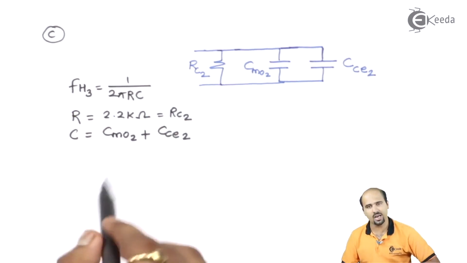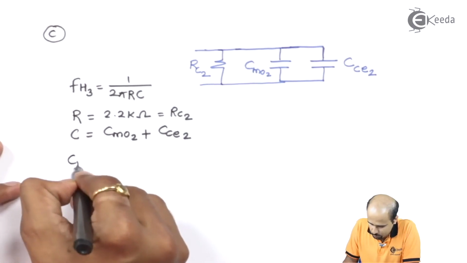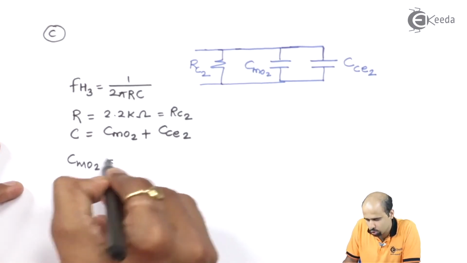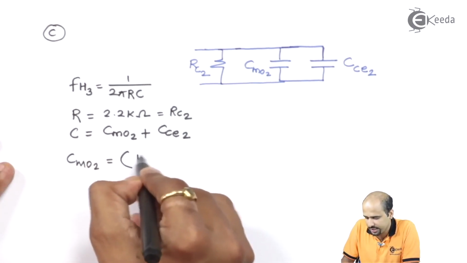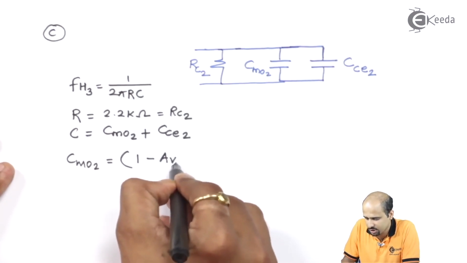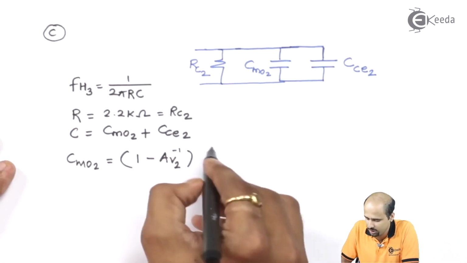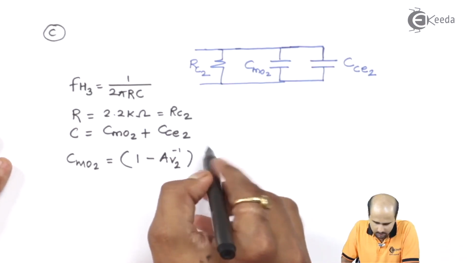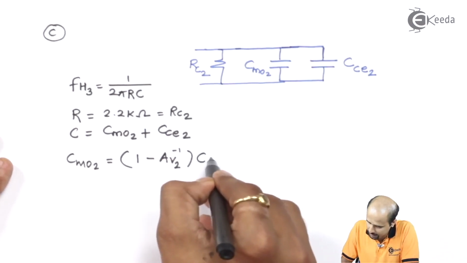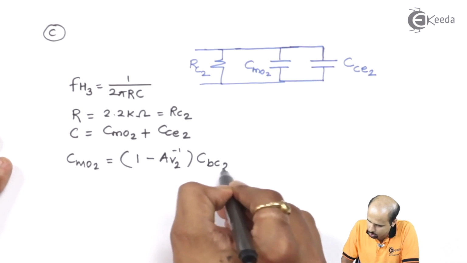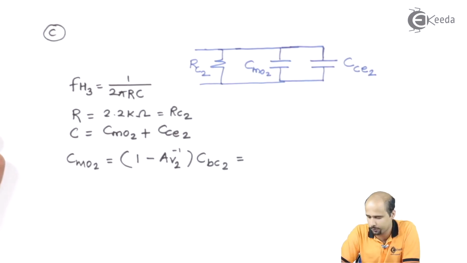CCE value is given to me, but we have to calculate the value of CMO2, right? That depends on the gain factor of the second stage, that is AV2 inverse. So 1 minus AV2 inverse is multiplied with CBC2, which will give you the value of CMO2. It will come out to be nearly equal to CBC2 only.